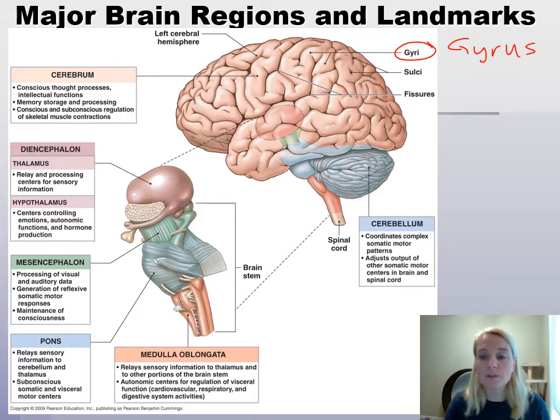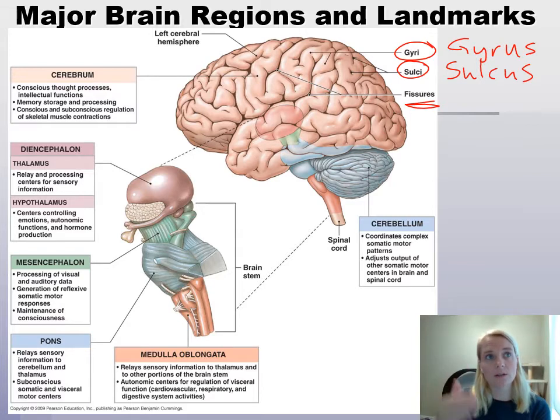And the little grooves in between are called sulci, or sulcus for singular. So if you hear me say gyrus or sulcus, it's just singular for gyri or sulci. There are also deeper fissures that are bigger dividing wrinkles, if you will, between other gyri and sulci.